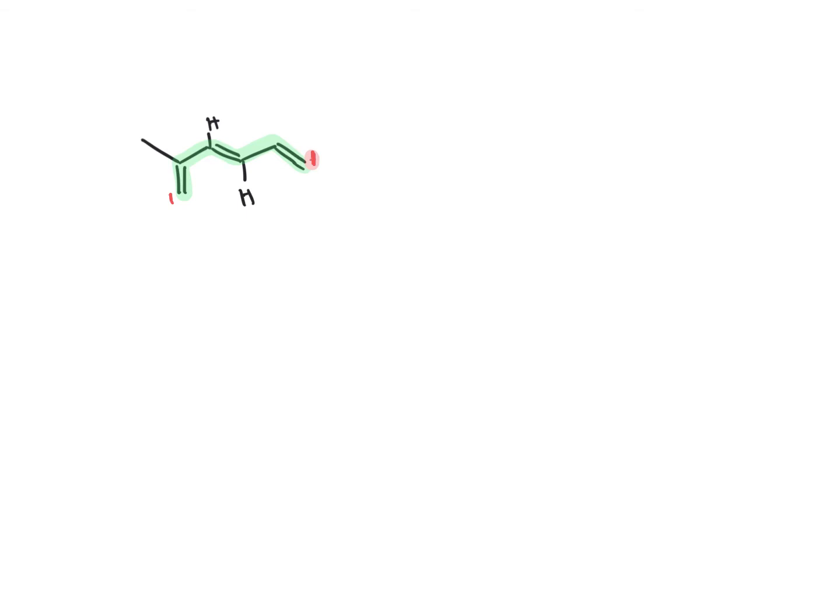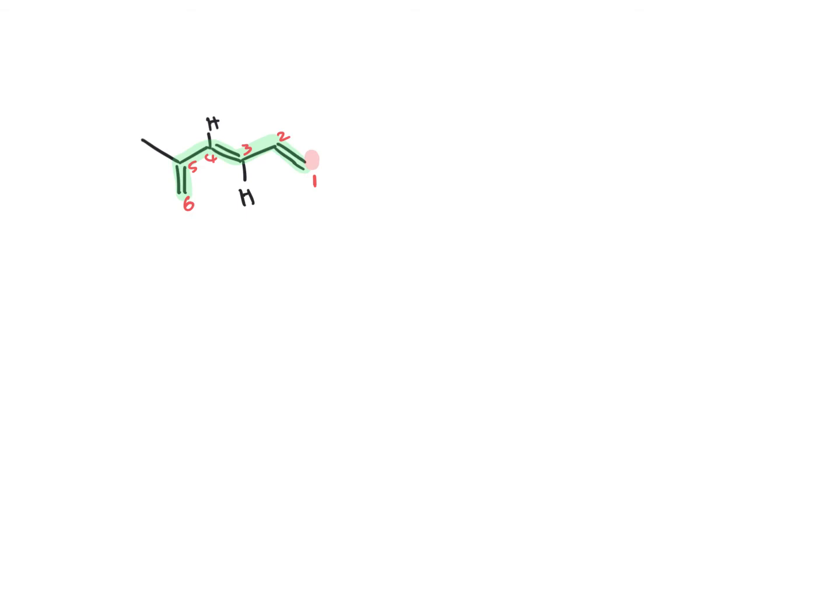So if I say 1, 2, 3, 4, 5, 6, or if I say 1, 2, 3, 4, 5, 6, in that matter, they would be the same. So I just simply go here 1, 2, 3, 4, 5, 6.